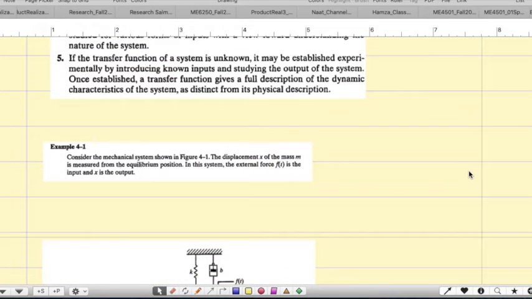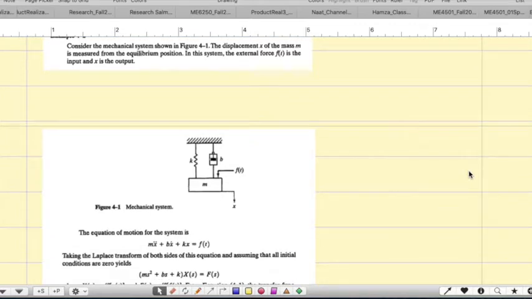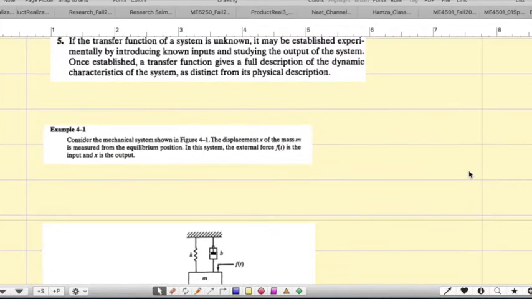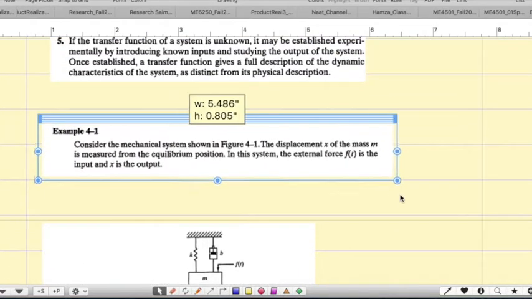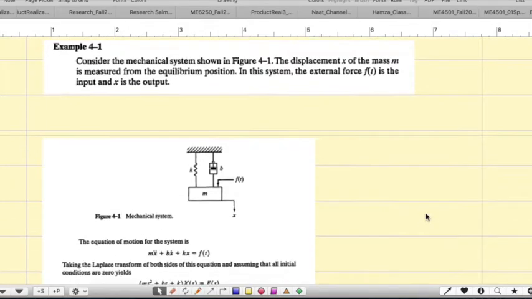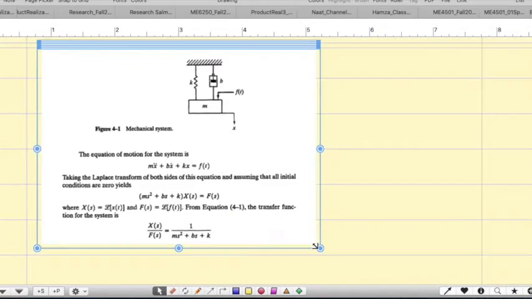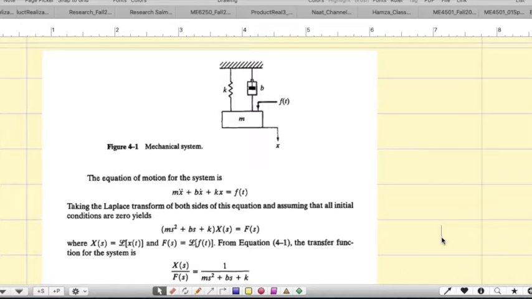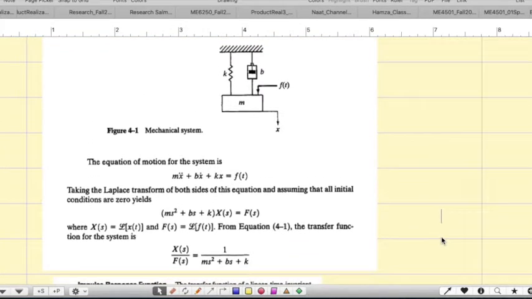And this is an example which is similar to our lab 2 part B, where we had the damper. So the transfer function comes from the differential equation of motion, and once you know the differential equation of motion, then you can find the output. This is output over input. This ratio is the transfer function.